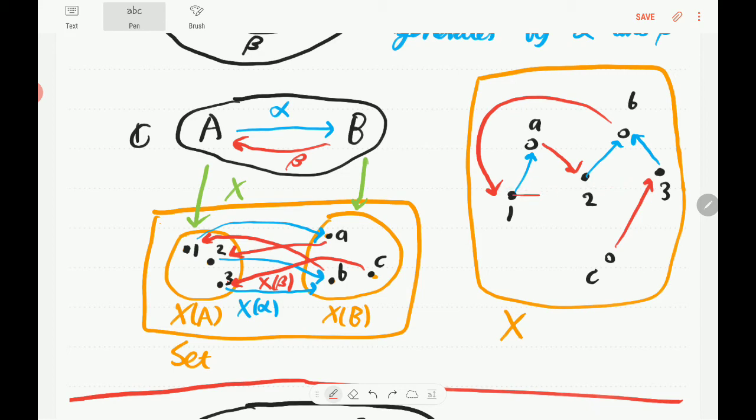So notice that there's an update arrow, which is sending every solid dot to some hollow dot. That's basically what X of alpha is. And then X of beta is sending every hollow dot to some solid dot.